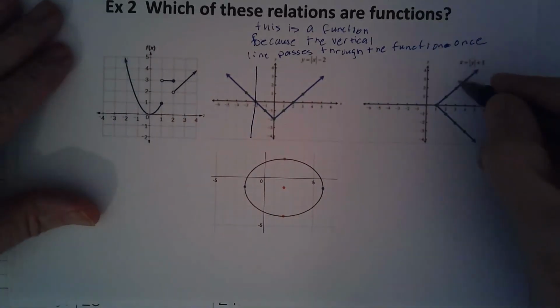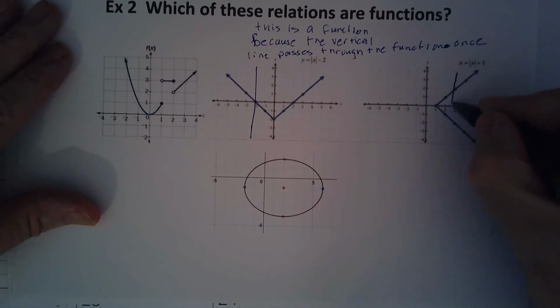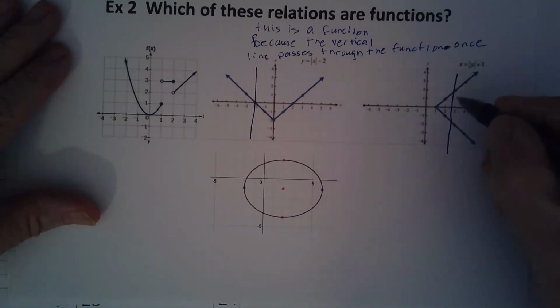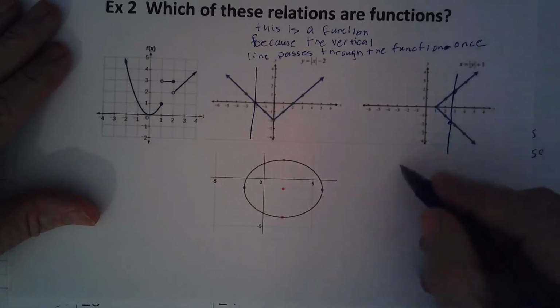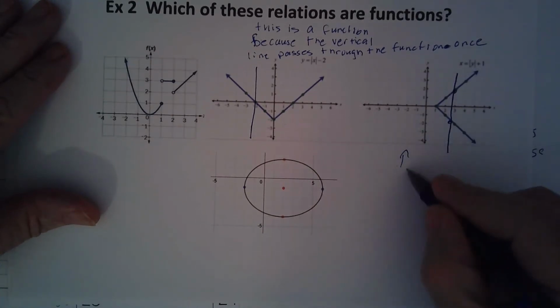But on this one, this is the inverse of the absolute value function. You'll notice that this is not a function.